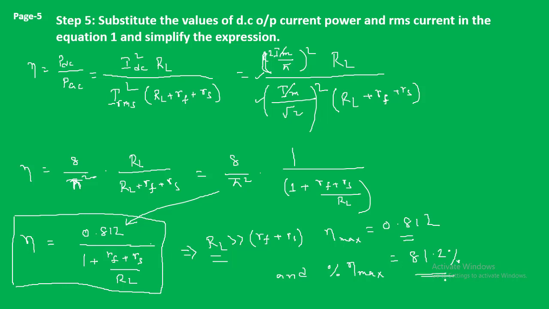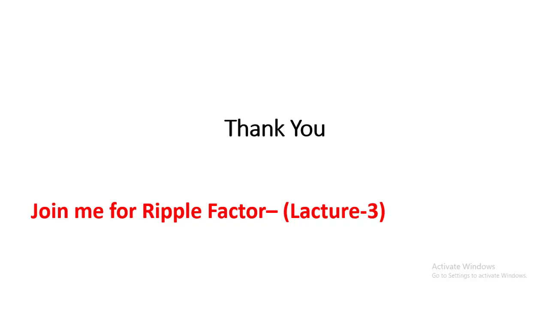So 81.2% is the maximum efficiency of a full wave rectifier. That is the end of this discussion, and join me in the next lecture where we will find the ripple factor. Thank you.